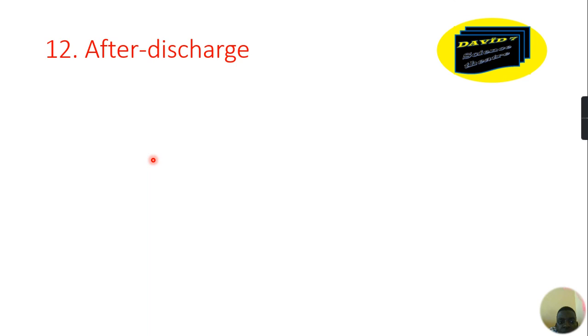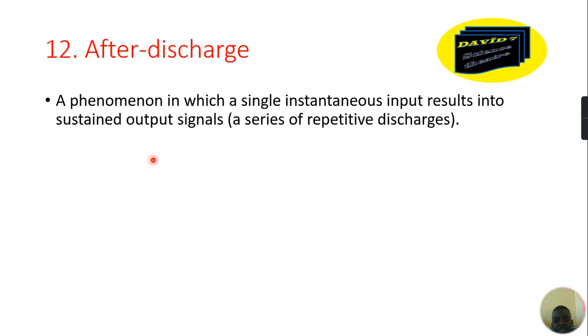All right, let's continue. The next property we can talk about is after discharge. It is a phenomenon in which a single instantaneous input results in sustained output signals, a series of repetitive discharges. That is what we call after discharge.